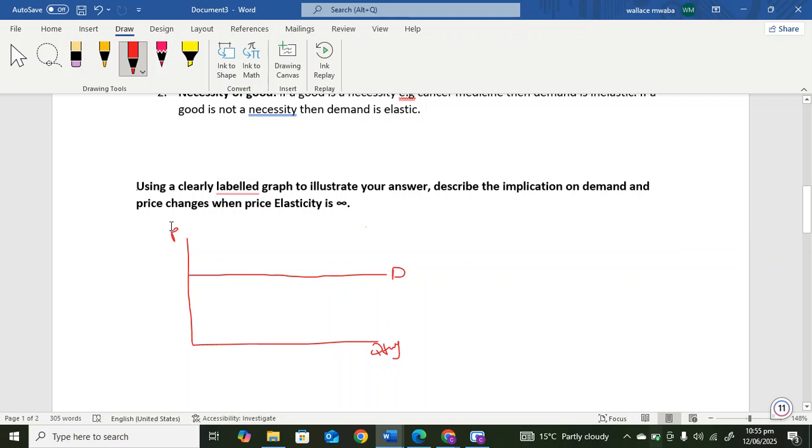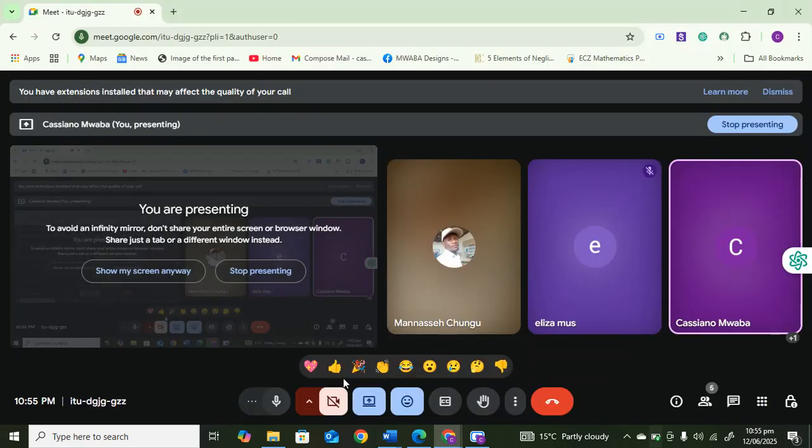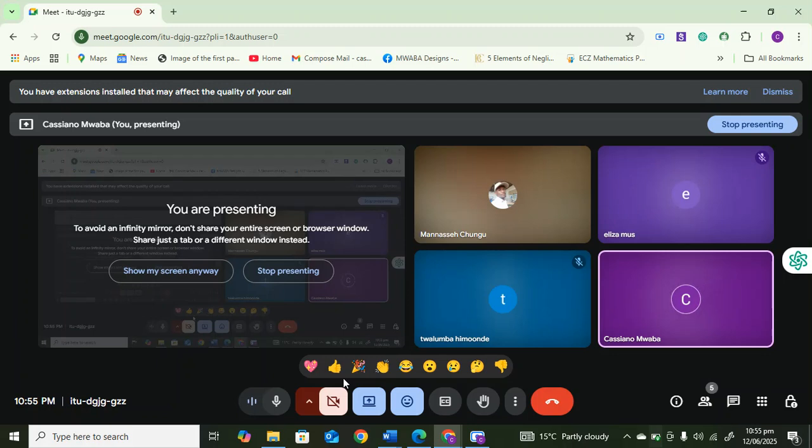In perfect competition, if you try to increase the price even by a little amount, you're going to lose all your customers. The same with price elasticity when it's infinite. You just increase price even by one way, people are going to go to the others and you lose a great amount of customers.